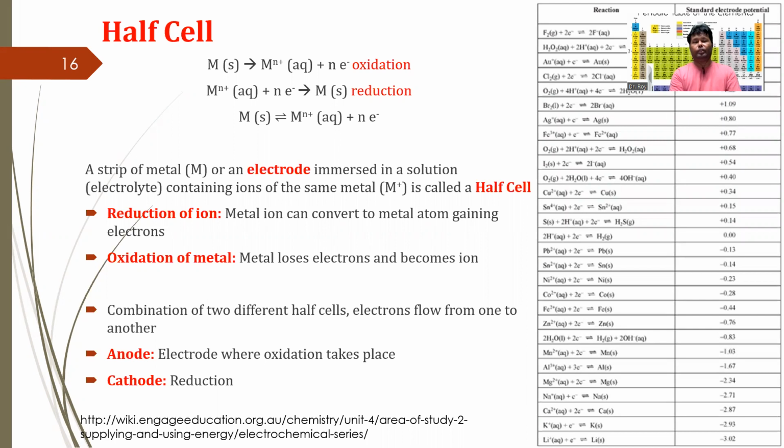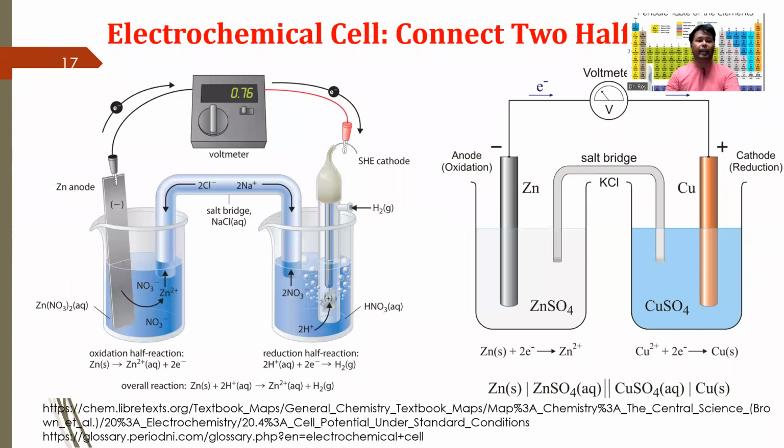Previously we mentioned that when we are using the mobile phone, the electricity is generated by the chemical reaction. Now if we consider any cell, we have two different parts: one electrode dipped into an electrolyte, another electrode dipped into an electrolyte.